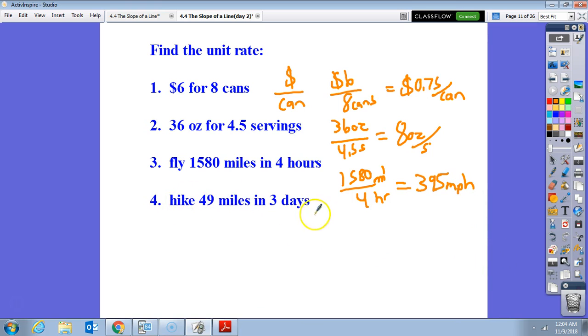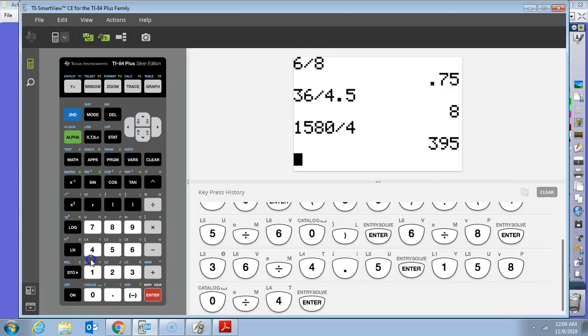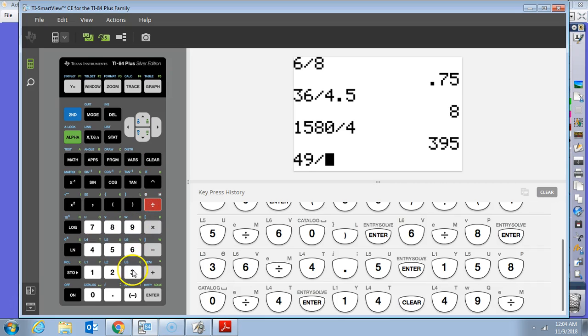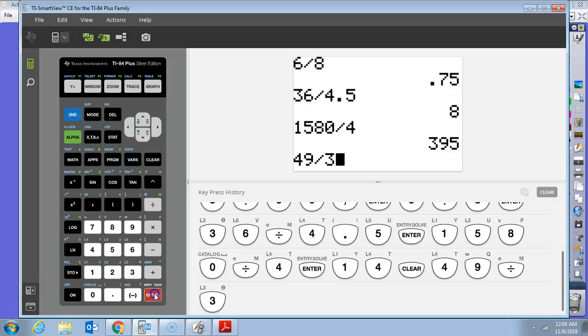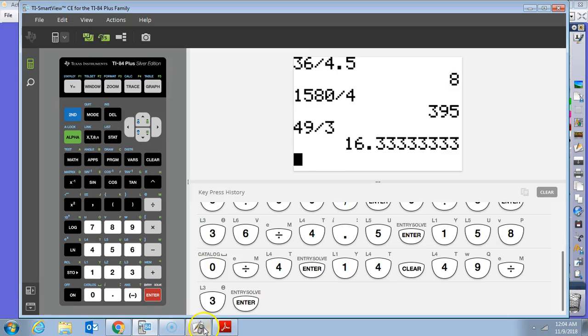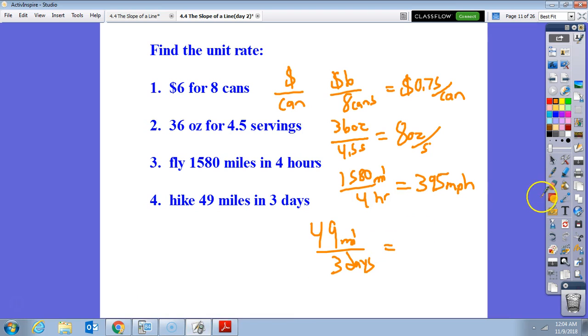Hike 49 miles in 3 days. You take out your handy dandy calculator. 49 divided by 3 is 16.33.